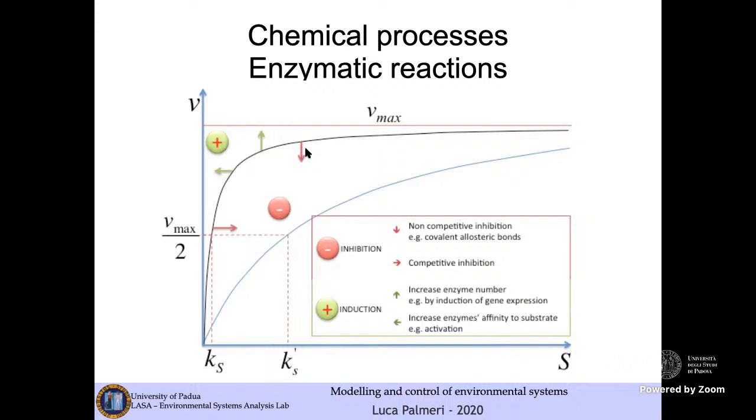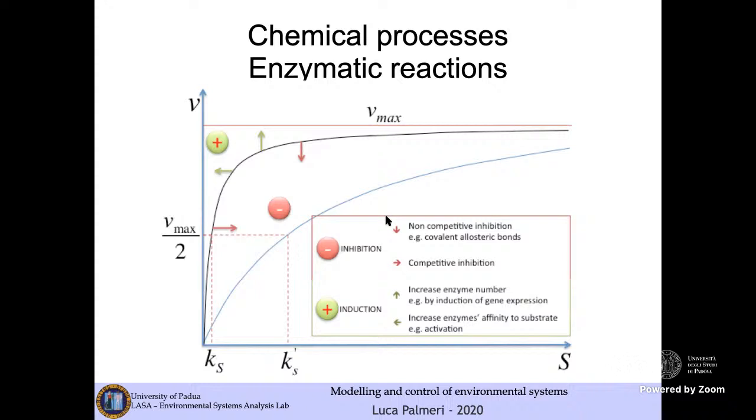These arrows, the red arrows: non-competitive inhibitors tend to decrease the maximum speed of reaction, while competitive inhibitors tend to make the reaching of a semi-saturation constant faster. So for competitive inhibitors, what is happening is that the Michaelis-Menten model is moving in this direction.